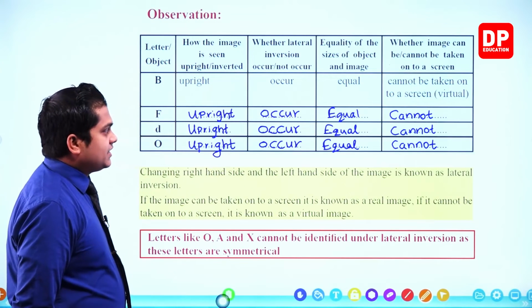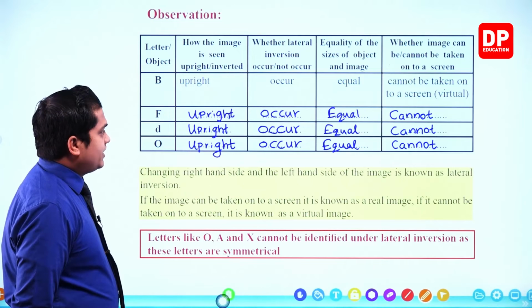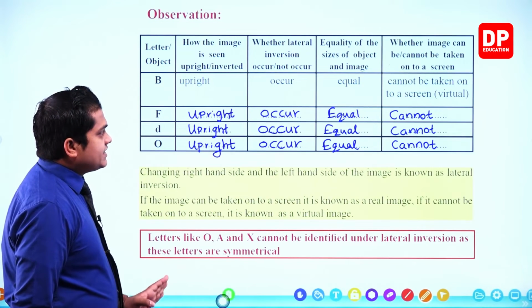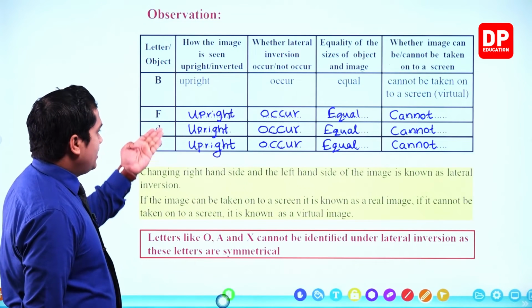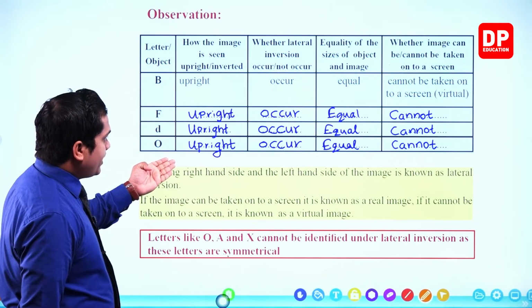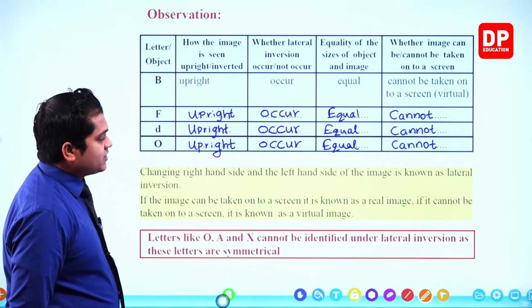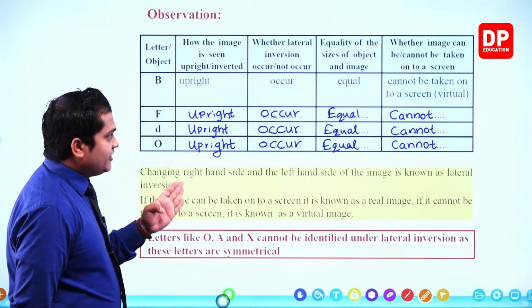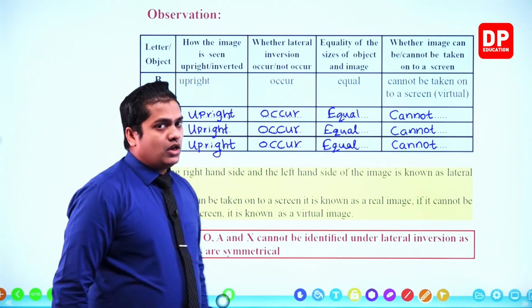So these are the observations, and according to the observations, my dear children, in each and every column you can observe the same thing. Here all the images are upright. Within all the images, lateral inversion has also occurred. Within all the images, the object and image size are equal.